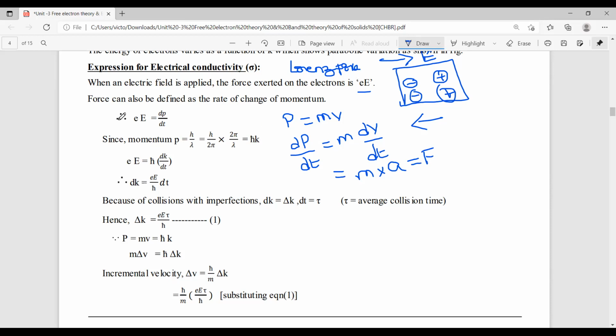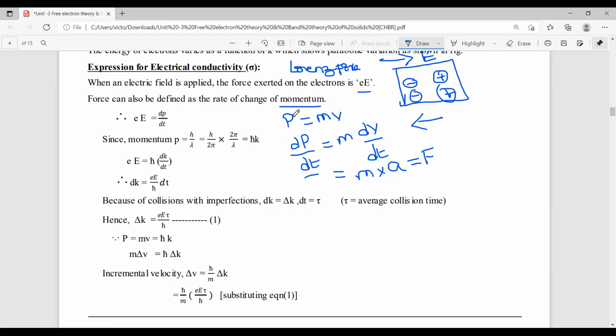Mass into acceleration is nothing but force. So the Lorentz force is also equal to F from Newton's second law, force F equals dp/dt. P is momentum, mass into velocity.